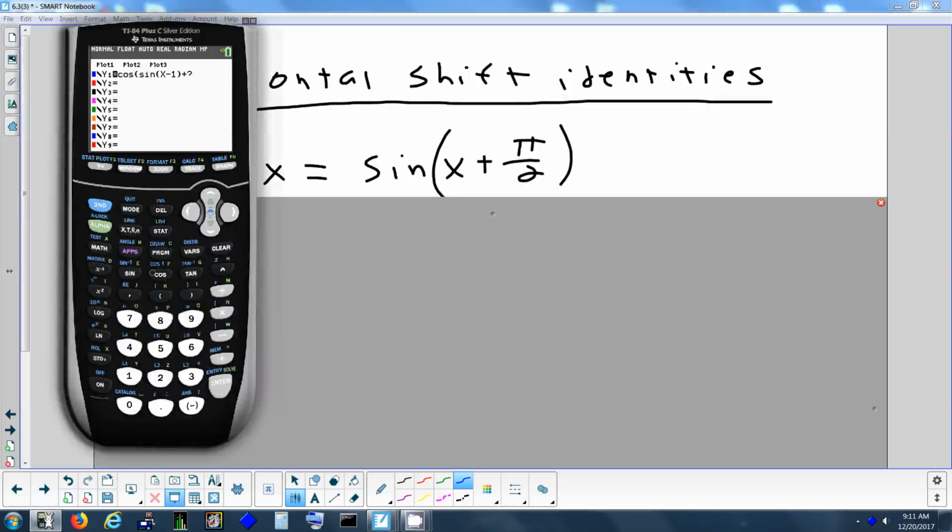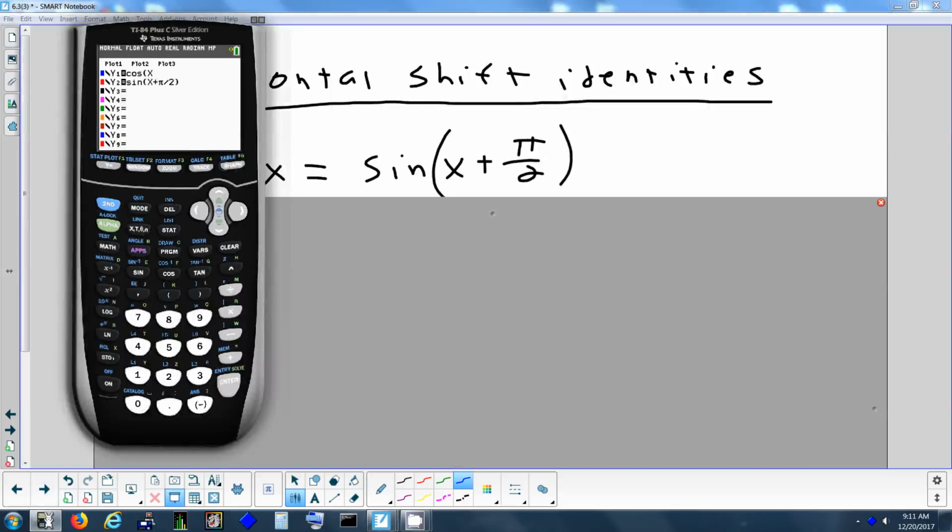So if you graph cosine, and then you graph sine, but take sine and shift it by pi over 2 radians, order of operations I think should be fine there. Okay, window doesn't matter, I'm just showing you these 2 graphs are the same. So there's cosine, and there's the sine shifted pi over 2 radians to the left.